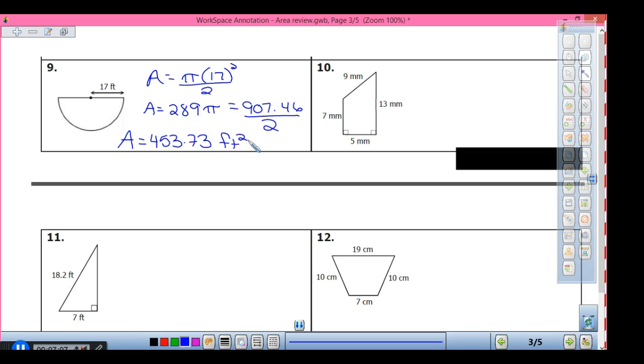Somebody yelled it out. What is it instead? 907.19. What did you guys get? Are you using 3.14 or are you using your pi key? Yeah, use your pi key. We'll look at it in a sec.